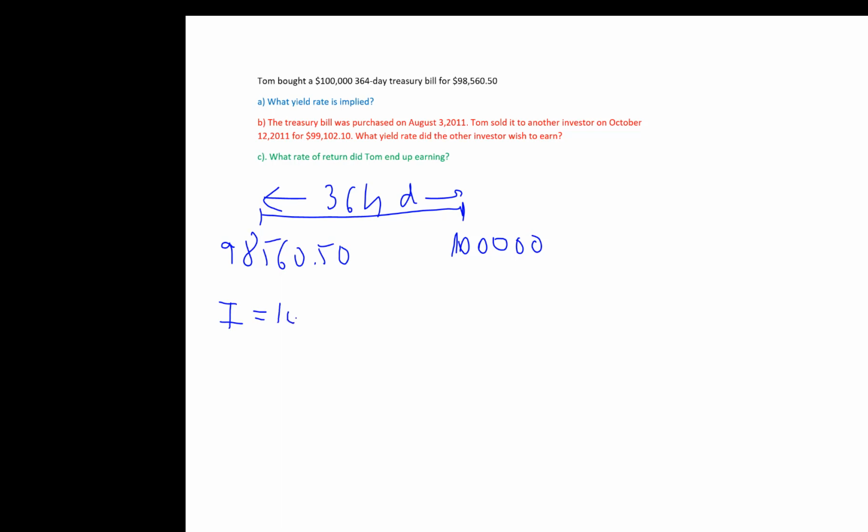So we have 100,000, the maturity value, minus the discounted value, the purchase price.